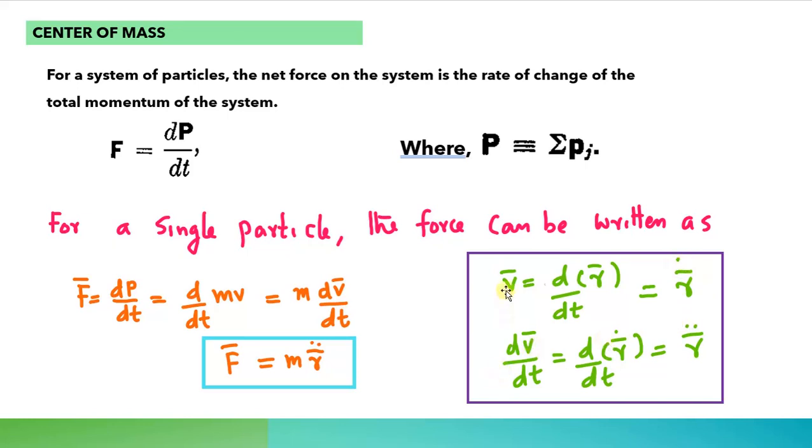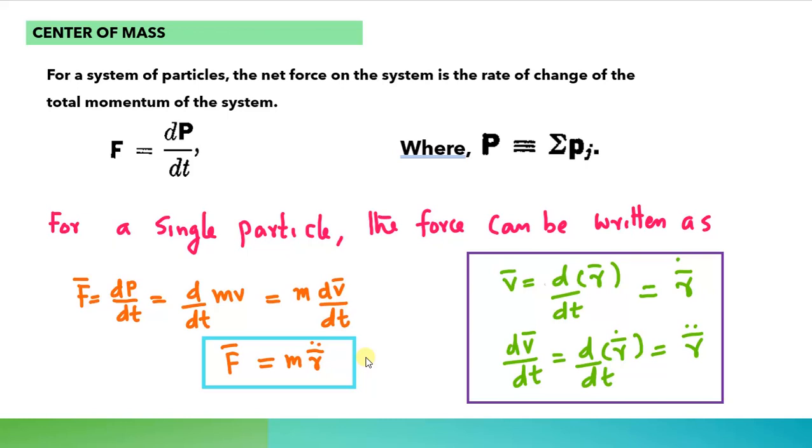If you take the derivative of velocity once again, dv by dt is equal to d by dt of r dot, and the notation for the second derivative of r is r double dot. So F is equal to ma, where r double dot is actually the acceleration. So for a single particle, if we know the position vector of the particle, we can write F is equal to m into the second derivative of the position vector, r double dot.